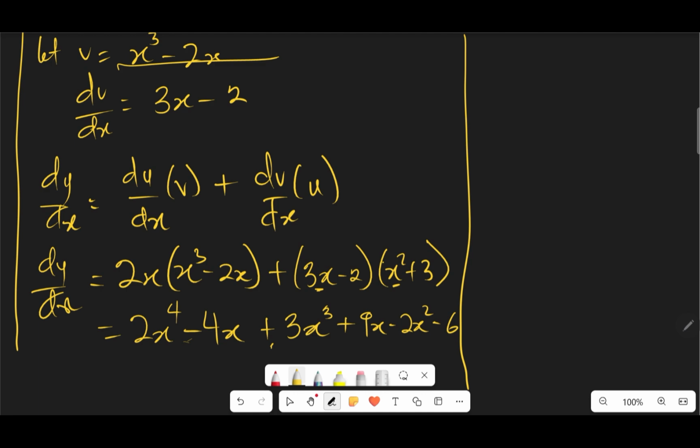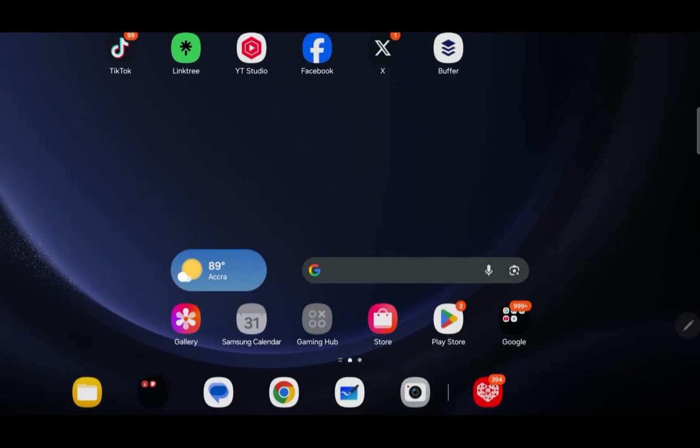Okay, sorry, it is supposed to be 3x squared, and 3x squared times x cubed is going to give 3x to the power 5. Okay, so there was a mistake there. All right. Then we continue by 3x squared times 3. That will be 9x squared. Now minus 2 times x squared is going to give us minus 2x squared. And minus 2 times 3 is going to give us minus 6.